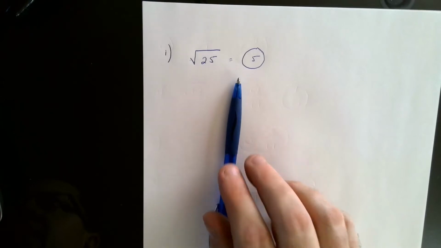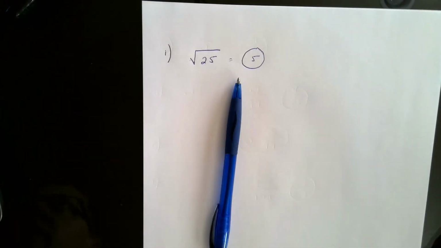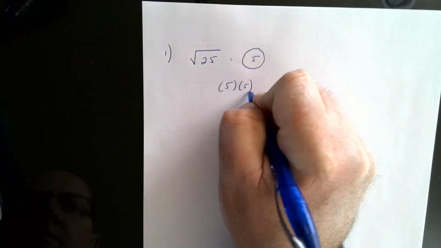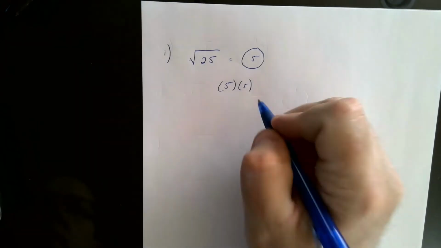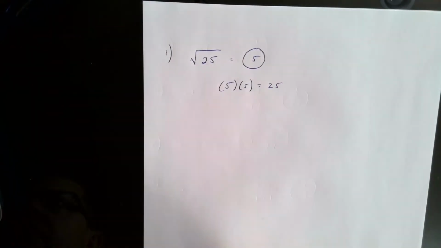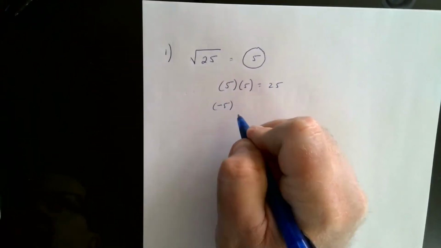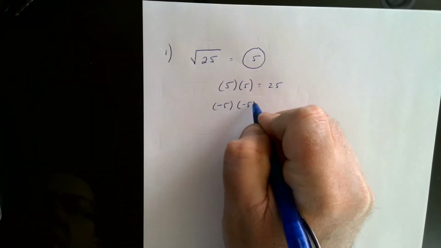Now we need to be careful when we do square roots. Technically 5 is not the only answer. A positive 5 times another positive 5 does equal 25. But what happens if we also go negative 5 and we times that by another negative 5?